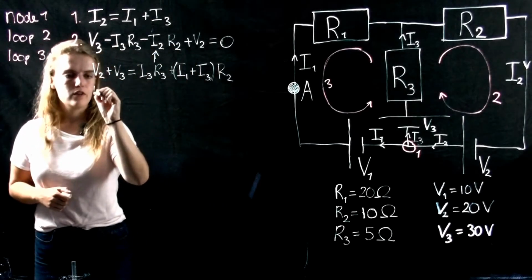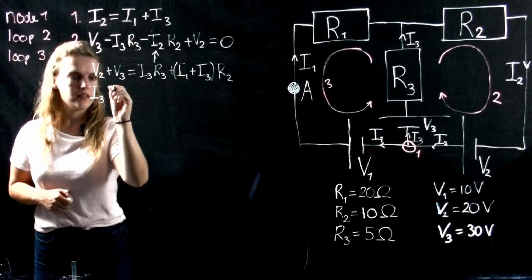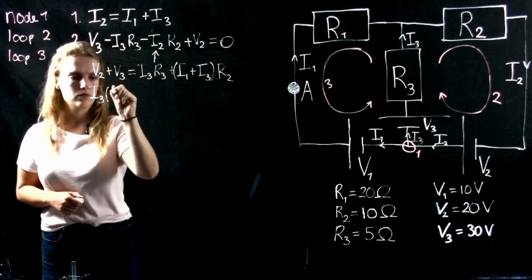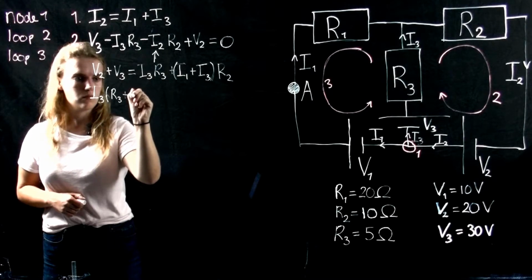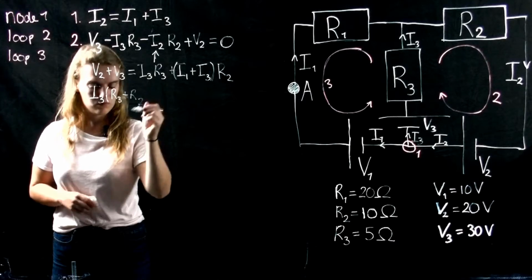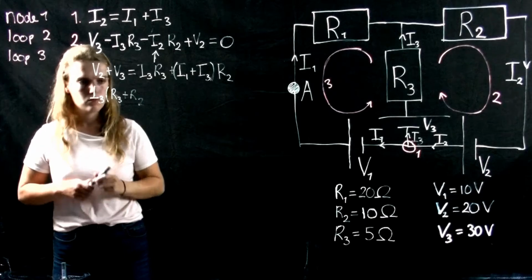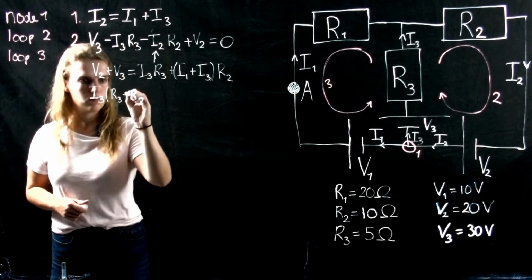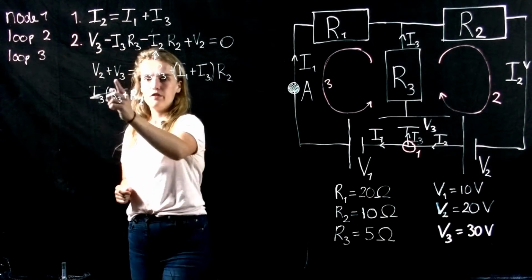So first we have I3, and this is times R3 and times R2. And then we have the V's.